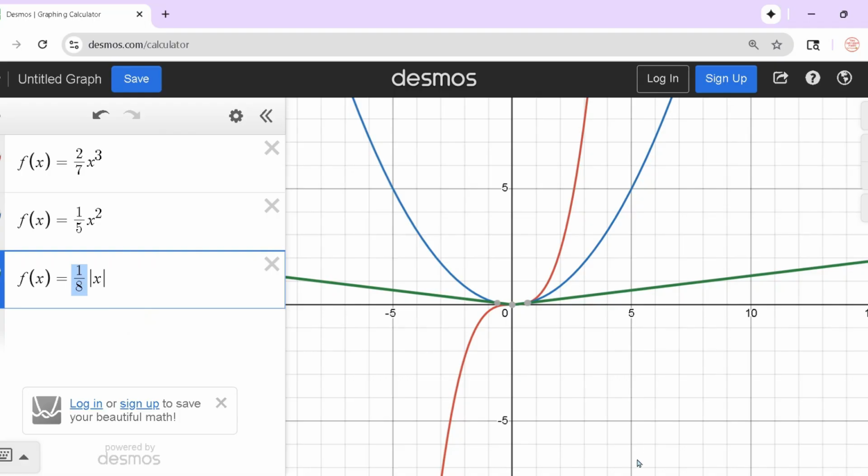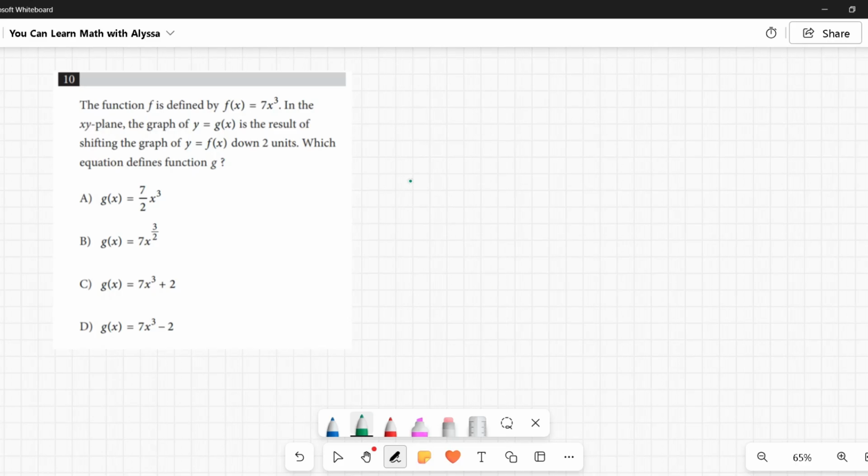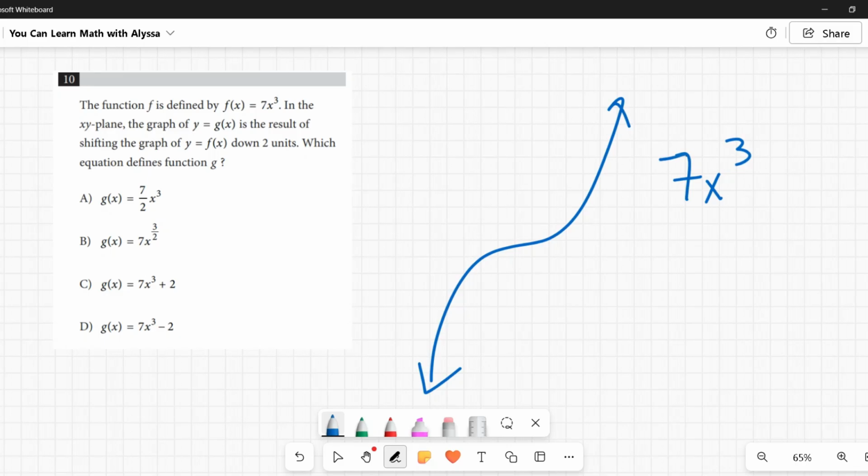So with that knowledge in mind, let's look at our question again. It says g of x is the result of shifting the graph down 2 units. Well, we've got our 7x cubed, roughly drawn here, and we want to shift it down 2 units. Because I know about my translating, I know that to go up or down, it is adding or subtracting a number on the outside of the function.